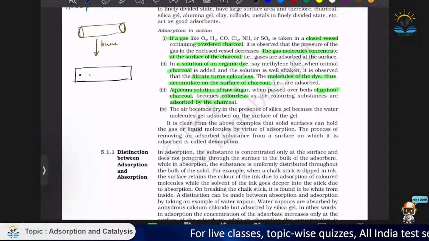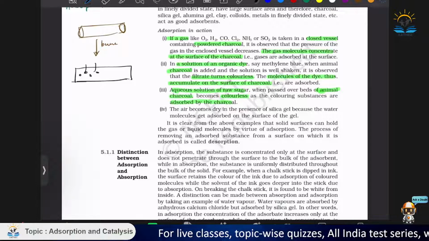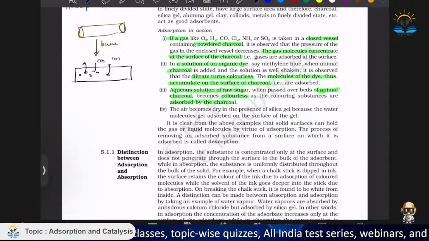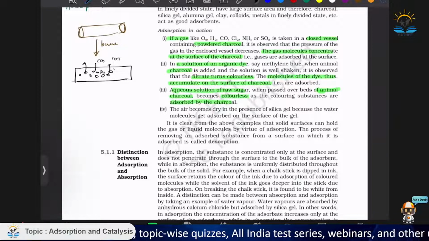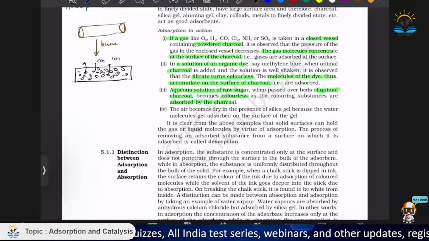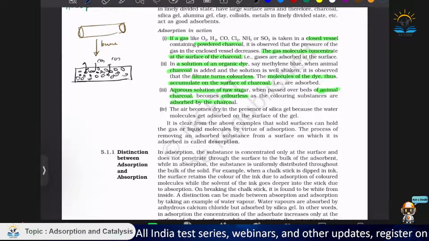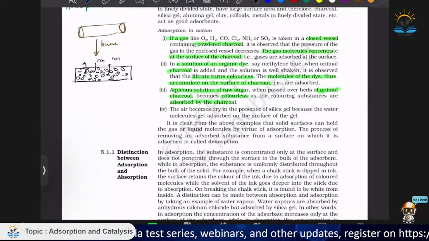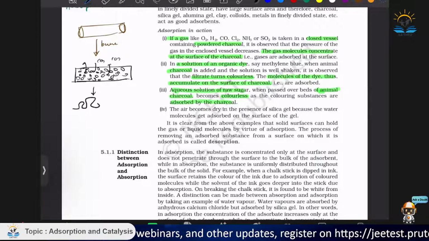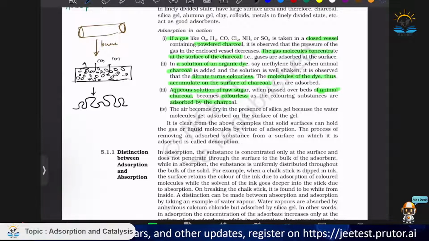So the escaped CO2 creates pores in the charcoal, micropores, not these big pores. I'm just showing it for reference. It creates micropores on the charcoal surface, so the surface looks something like this.